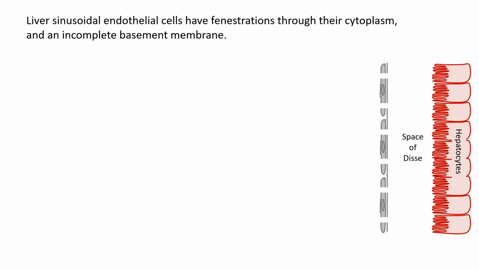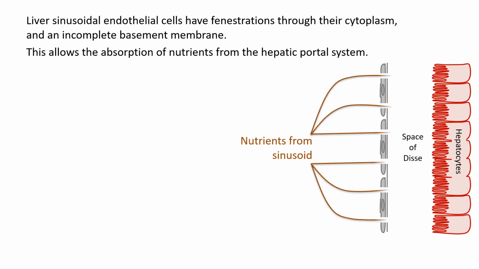They also have an incomplete basement membrane. Of course, this is going to make that endothelial lining of the sinusoids very, very permeable, which, if we're bringing in nutrients for the liver to deal with, it is very helpful. So it allows the absorption of nutrients from the hepatic portal system.